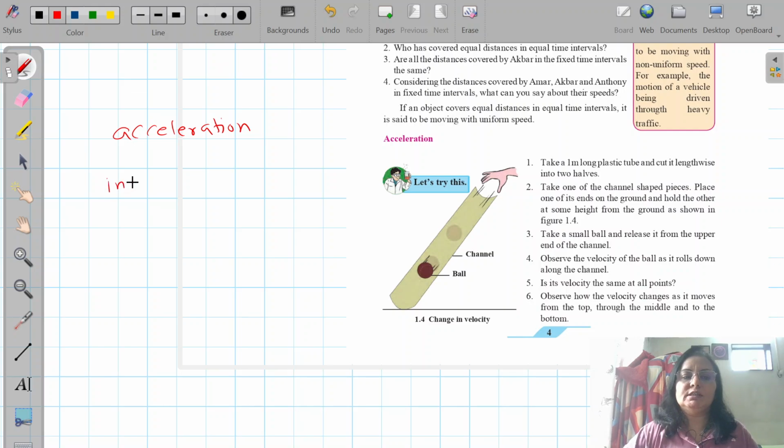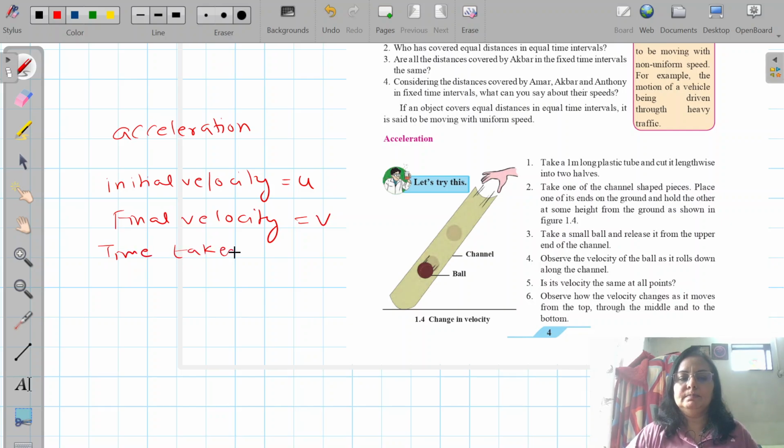So if the initial velocity is u, the final velocity is v, and the time taken to travel this distance is t, we say acceleration is equal to final velocity minus initial velocity upon time taken.